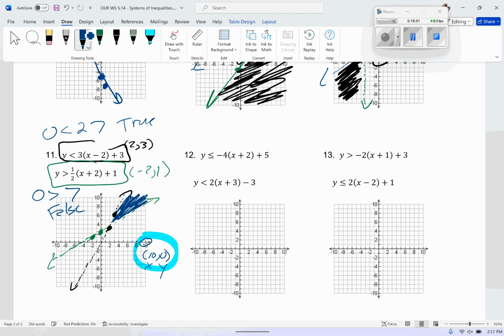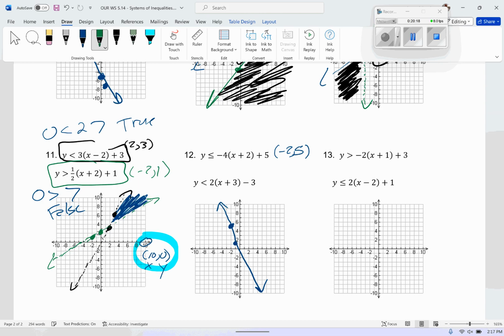12. What's the point that comes on number 12? -2, 5. Good. So negative 2, 5. Slope. Very good. Solid or dotted? Oh. Is this another one that maybe 0, 0 might not work? Especially because they're unstraight lines.